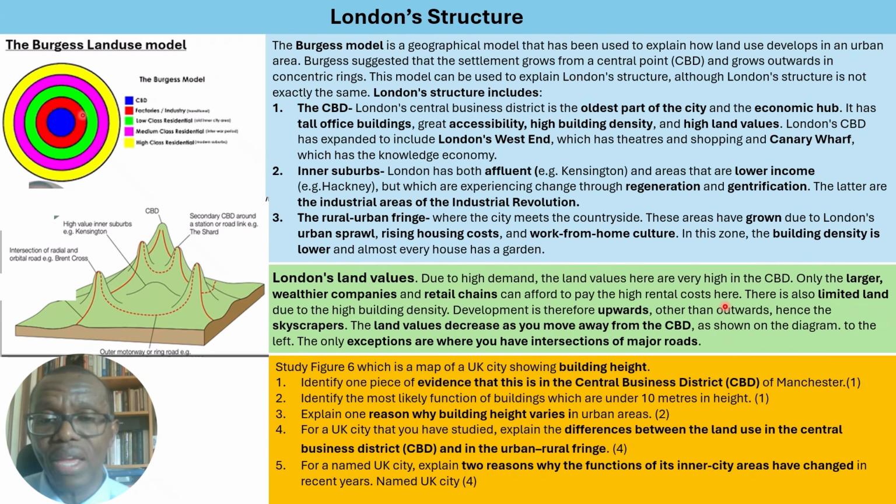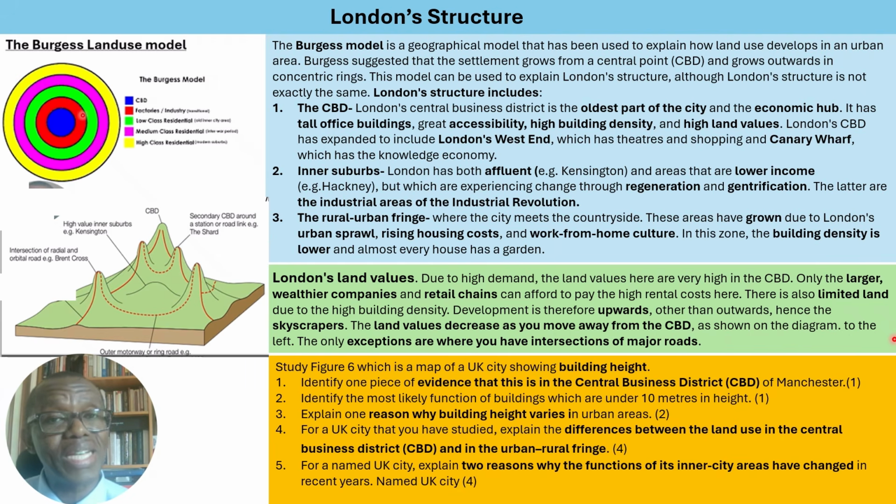Due to high demand, the land values around the CBD are obviously high, as we have mentioned, and only the larger, wealthier companies and large retail chains can afford to pay the high rental costs here. There is also limited land due to the building density. We talked about that, and therefore if we are developing or building, we are going to build upwards rather than outwards, obviously to save on space.